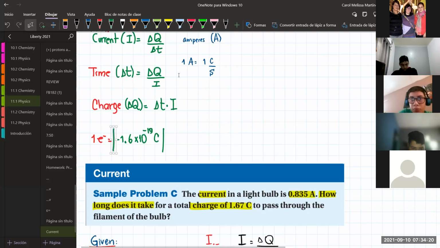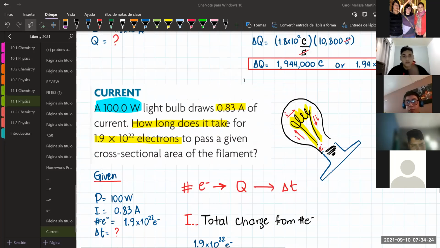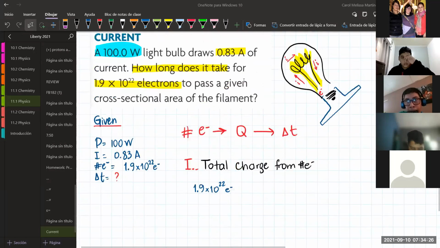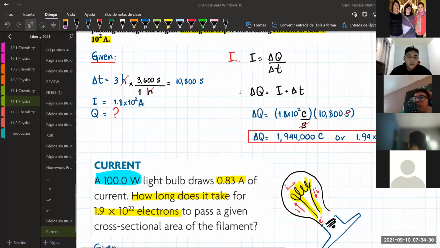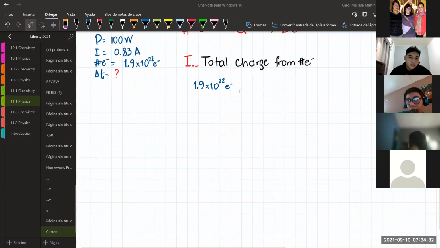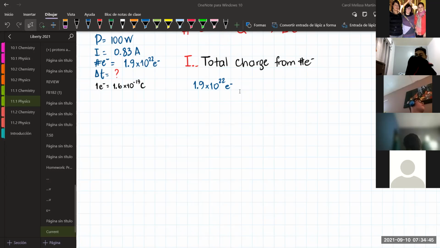In math, absolute value. Yes, absolute value. So that means that we're going to take just the value, the number, 1.6 times 10 to the negative 19 coulombs. Just remember this. One electron has 1.6 times 10 to the negative 19 coulombs of charge.